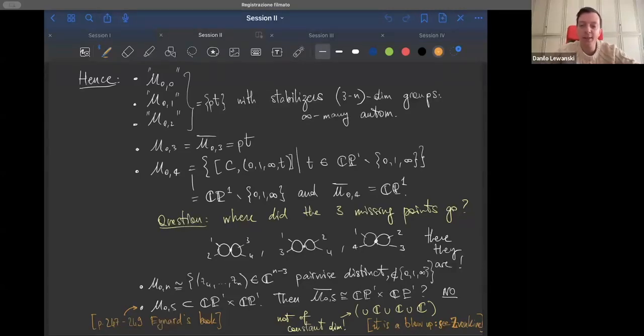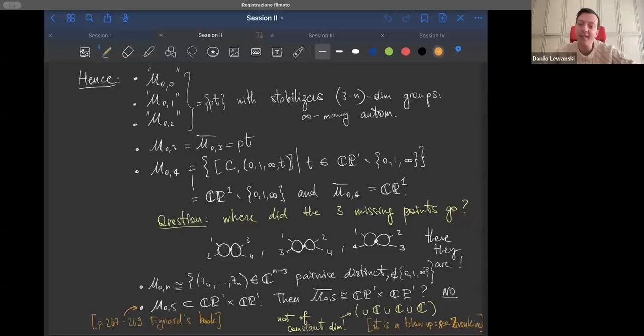And so now you have this fourth point that we can call T. And since all the points are distinct, this T will be an element of CP1, the Riemann sphere, but it cannot be either 0, 1, or infinity. So imagine that this fourth point is going around all possible points of CP1, but avoiding 0, 1, and infinity.